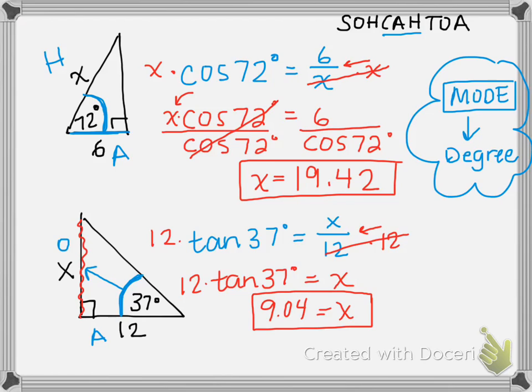Okay? Now remember, you can pause the video at any time that you need more time to get your notes down. Okay? Alright, let's look at a couple more examples of those. So if we have an example like this one right here, where we have our 90-degree angle right there, and we have 24 degrees, and x, and 12.